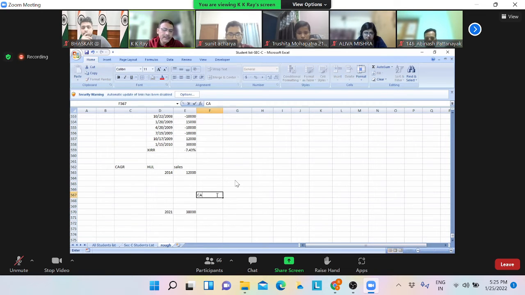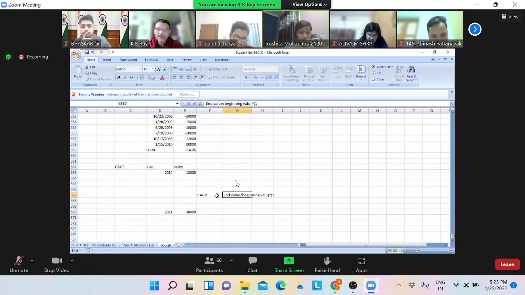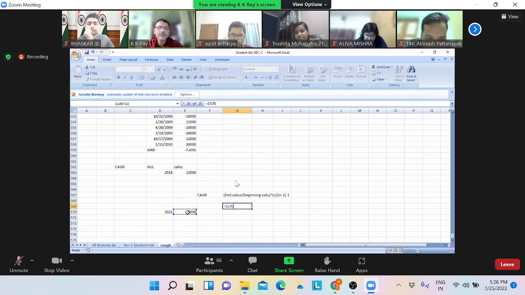Generally, CAGR is equal to end value divided by beginning value, to the power 1 by n, minus 1. This is the way that is calculated. So let's calculate: 38,000 divided by beginning value, to the power 1 by, that is how many? 7 minus 1, 6.